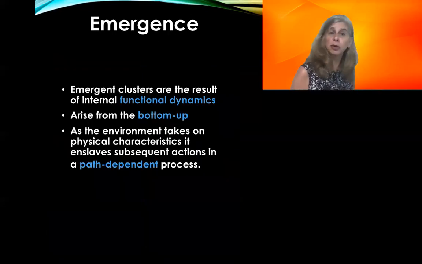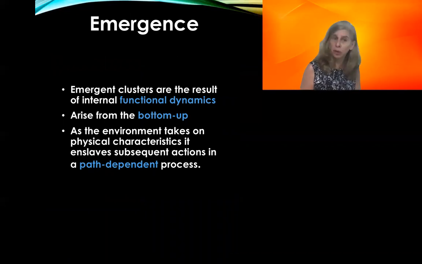And then in terms of emergence, emergent clusters are the result of internal functional dynamics. Emergent features arise from the bottom up. And as the environment takes on physical characteristics, it then enslaves subsequent actions in a path-dependent process. And all I mean by that is, again, the carrying capacity of the Grand Bazaar might be, I don't know, 400 jewelry stores, right?